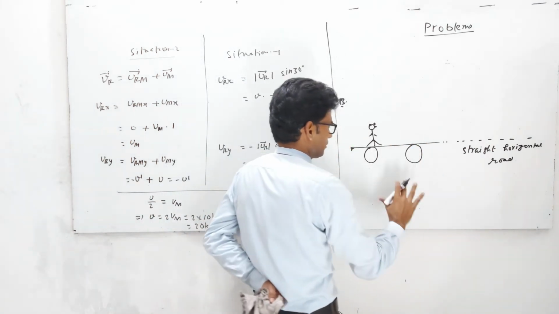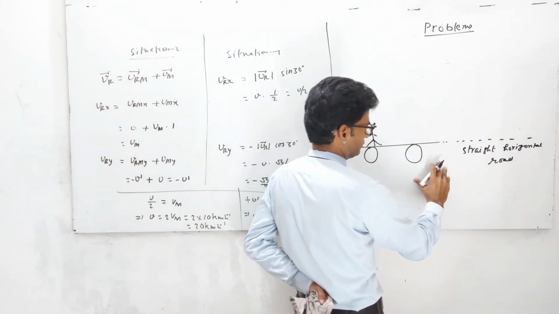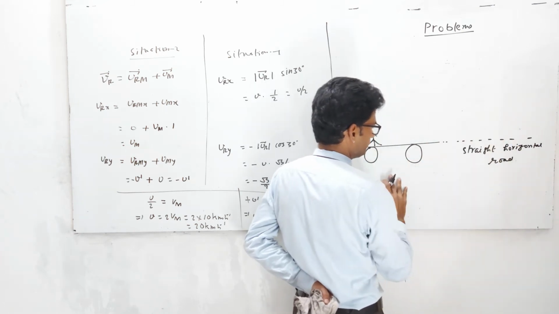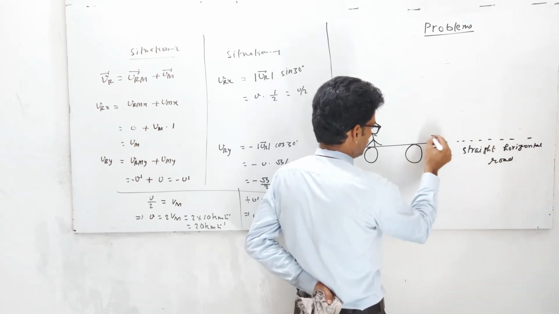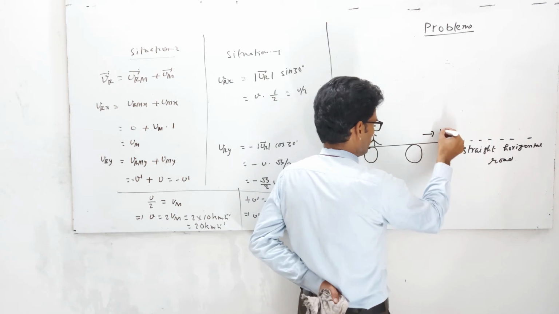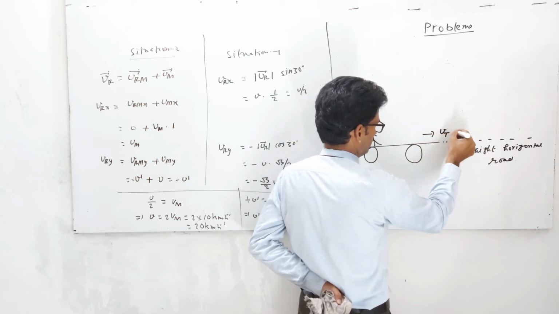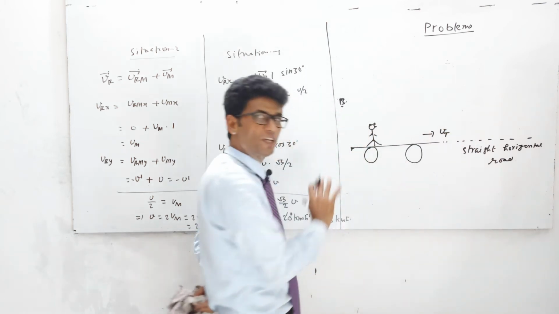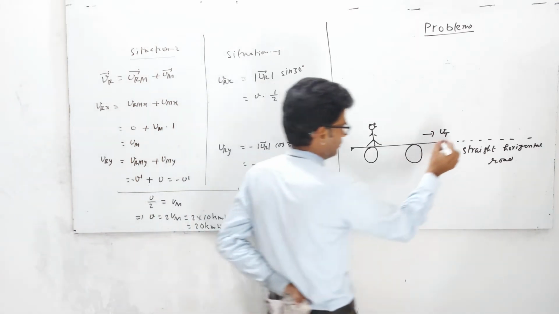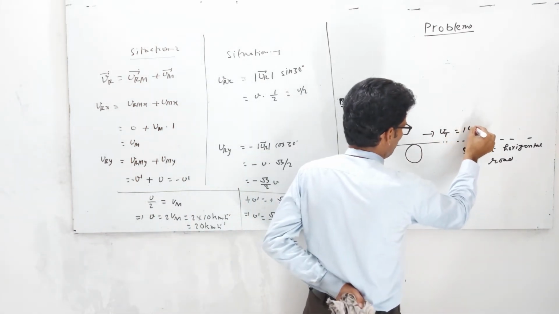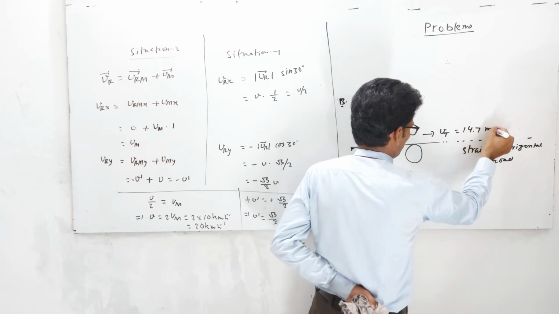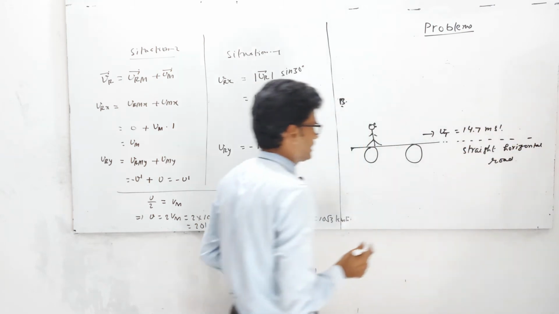The speed of this truck on the straight horizontal road is given, say V truck with respect to the ground frame, supposed to be stationary, given as 14.7 meter per second.